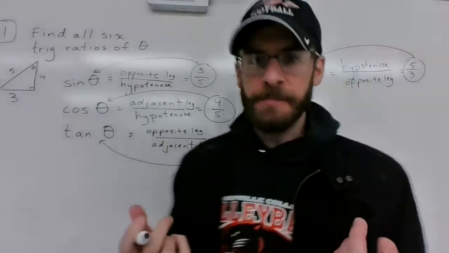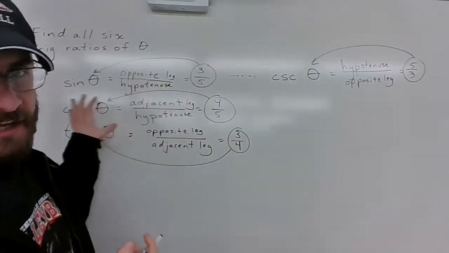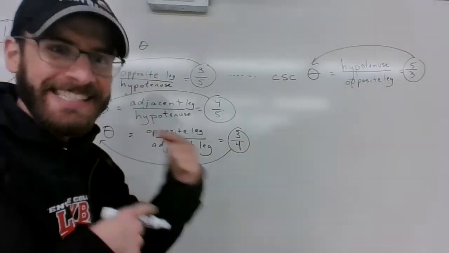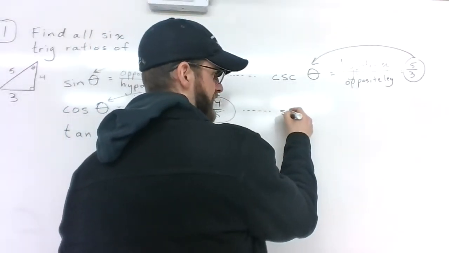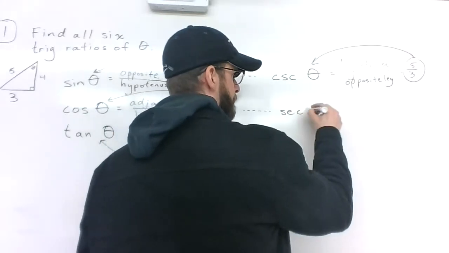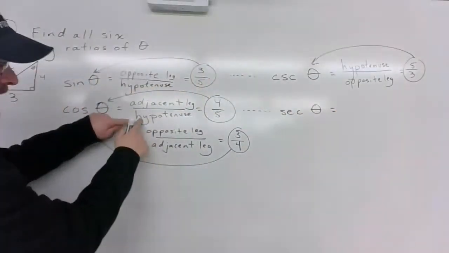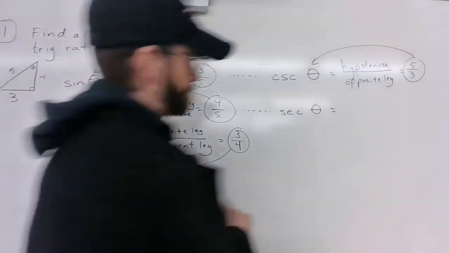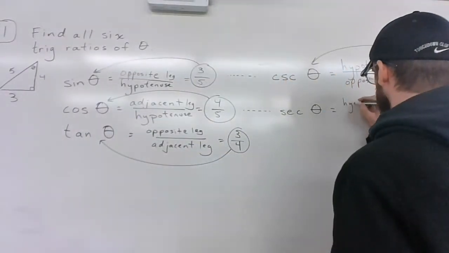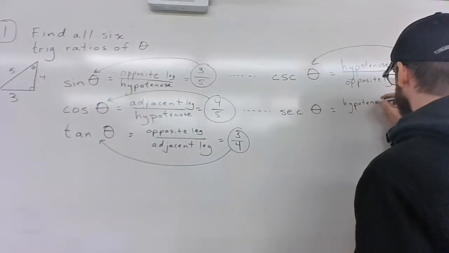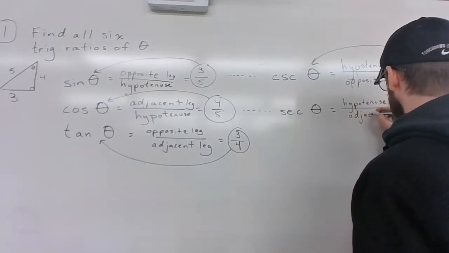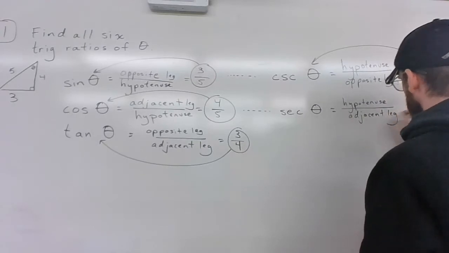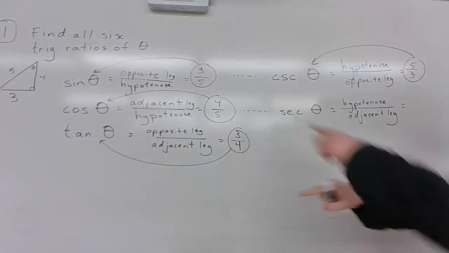And then much in the same vein, cosine has a reciprocal called secant. And that's abbreviated SEC. Hypotenuse divided by adjacent leg. And that's just going to be 5/4.